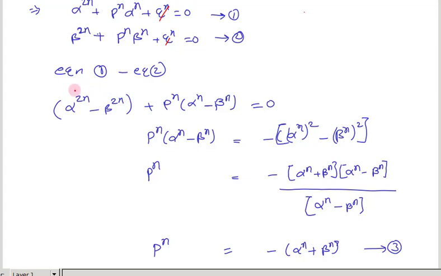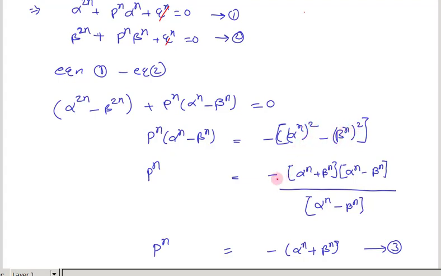Now, on transposing the first term to the other side of the equation, we get p to the power of n into alpha to the power of n minus beta to the power of n is equal to minus of alpha to the power of 2n minus beta to the power of 2n, which can be written as alpha to the power of n whole square minus beta to the power of n whole square. Now, this RHS is in the form of a square minus b square.